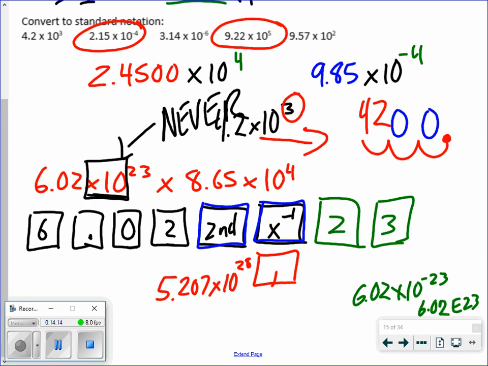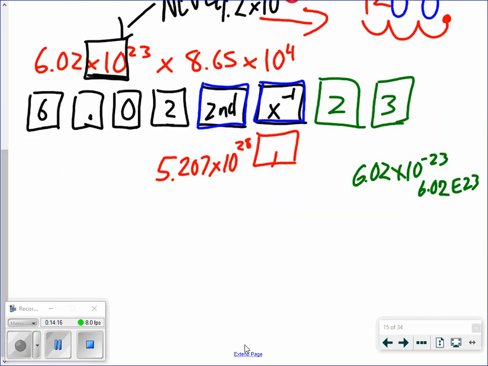Now I want you to do number 3, and you should get 6.29 times 10 to the negative 27. So remember what numbers you're typing in. Do not type that times 10. Never, ever. This is the answer you should get for number 3 on your scientific notation.